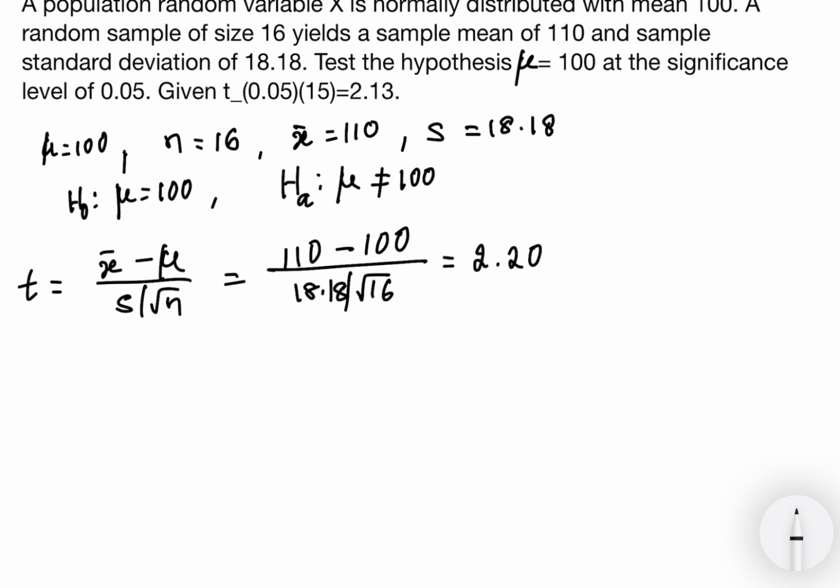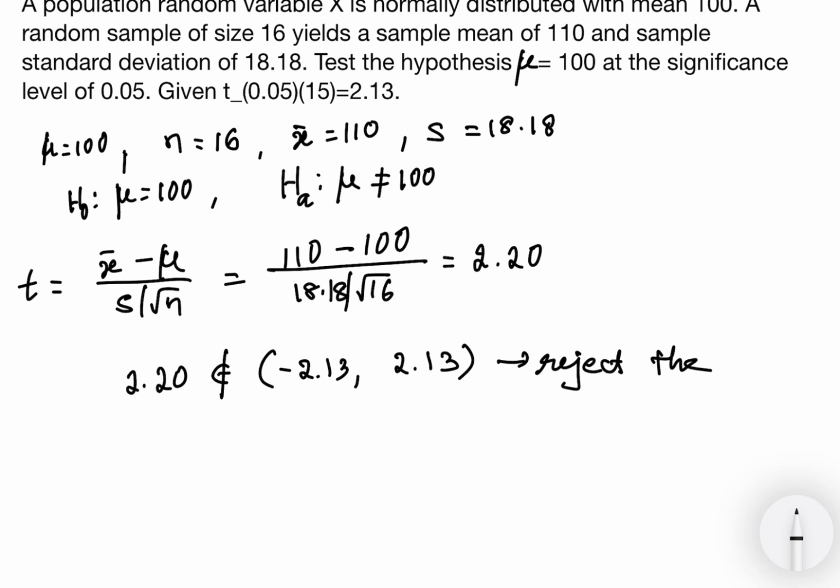We want to check whether this T, 2.20, belongs to the confidence interval of the T-score, that is, it lies between minus TC and TC. So minus TC is minus 2.13 and TC is 2.13. So certainly 2.20 does not belong to this confidence interval. So we are going to reject the hypothesis at this level of significance.